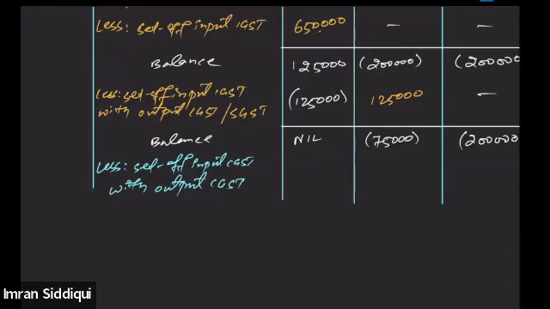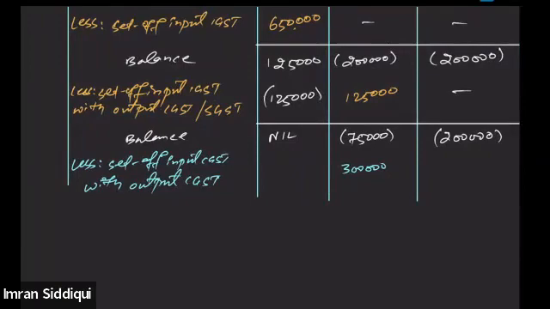So input CGST, as per the question, was how much? Input CGST was 3 lakh. So when you try to subtract 3 lakh out of the remaining balance of 75,000, you won't be able to subtract the entire amount. After doing this, you will have the balancing figure.